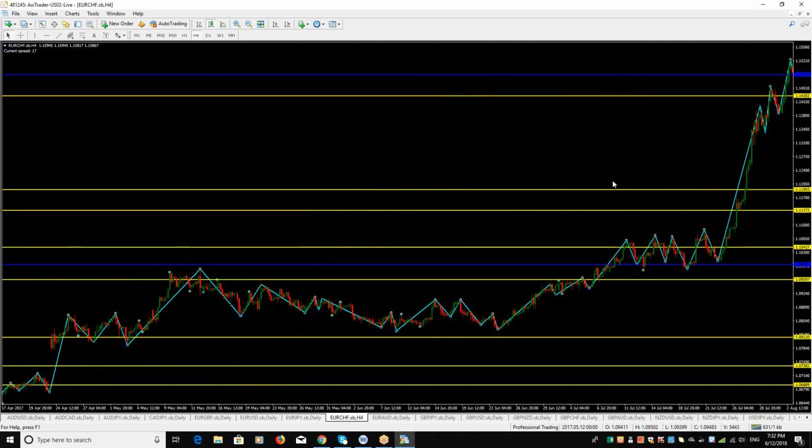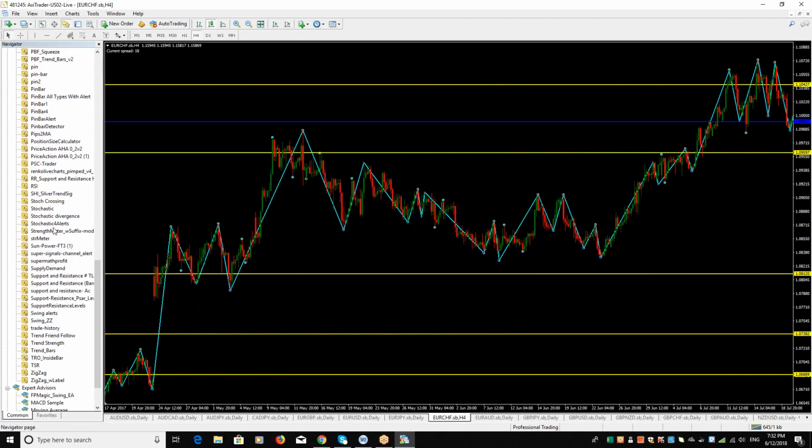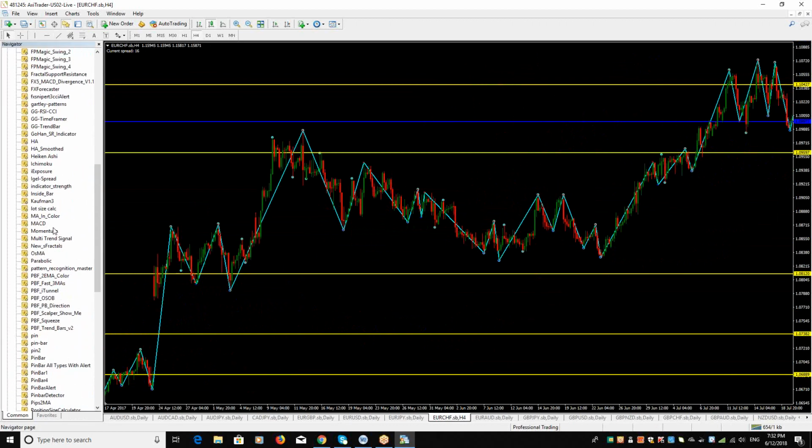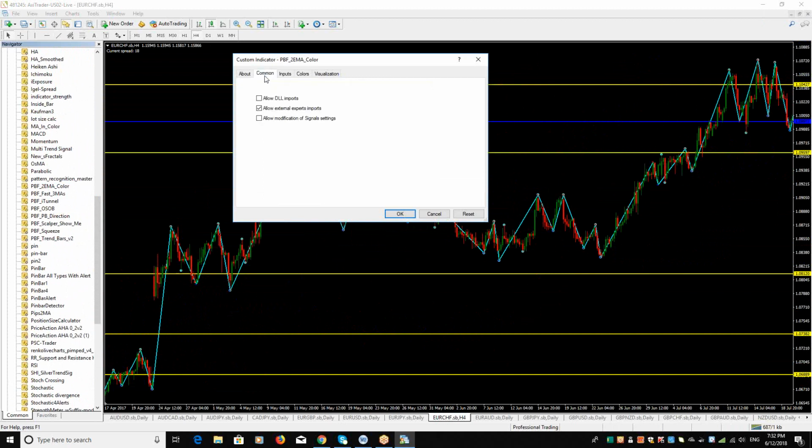Okay, so basically we're on the forward chart, right? We're going to put the indicator on. Remember, you're going to have to create a template of what your trades should look like. We're going to leave it as it is with those numbers in, and then we put that on the chart.